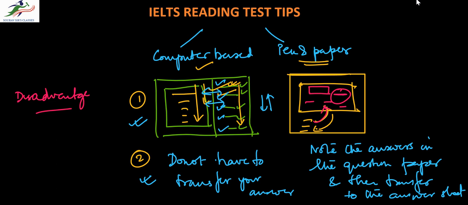But in case of computer-based exam, you have to note down the keywords in the notepad that you will be provided. So in case of computer-based exam, the disadvantage is you have to note the keywords separately.